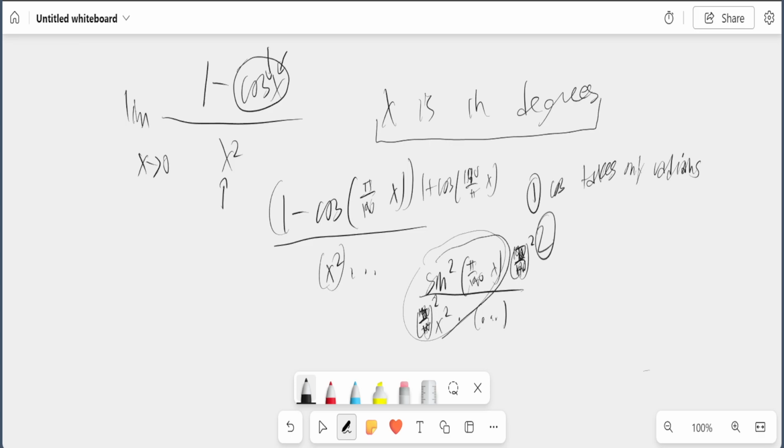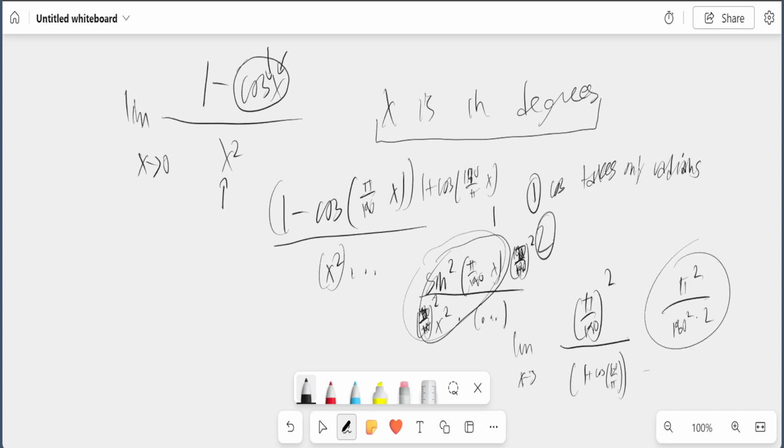So now this goes to 1, so it's pi over 180 squared over, what was it, 1 plus cosine 180 over pi. And then you can actually plug in the limit now. X goes to 0, that becomes 2, so it's pi squared over 180 squared times 2.